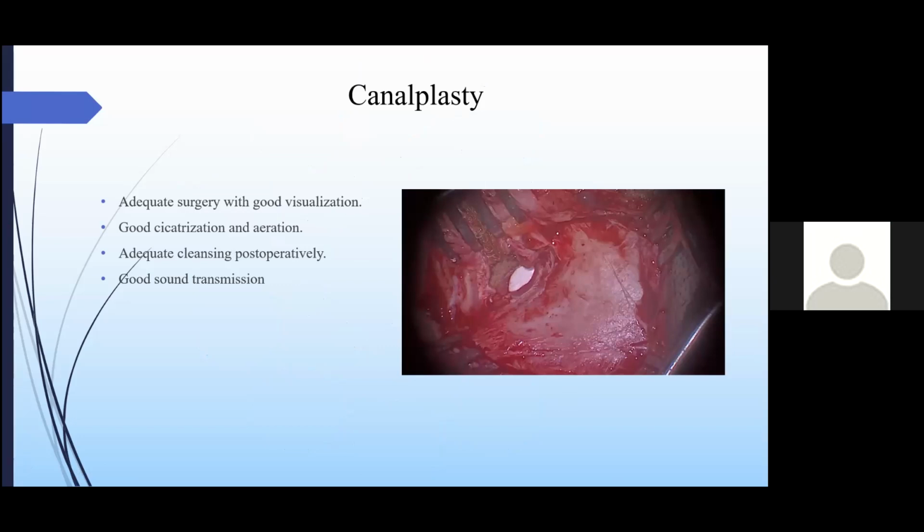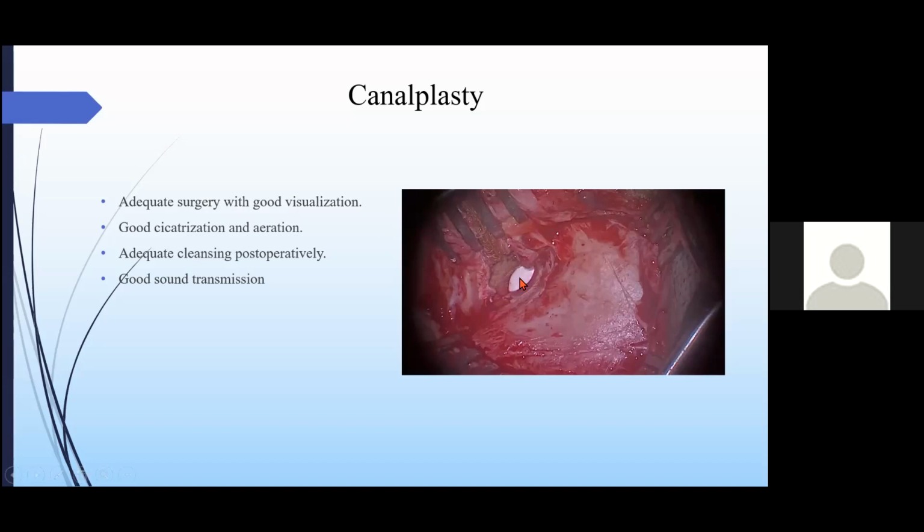Before every mastoid surgery, a canaloplasty is a must, which is followed in our hospital especially. Canaloplasty is nothing but providing an adequate and normal contour to the external auditory canal. You can see in this picture it's a very narrow canal, and to gain proper exposure and proper surgical results, one should be able to see the complete annulus.